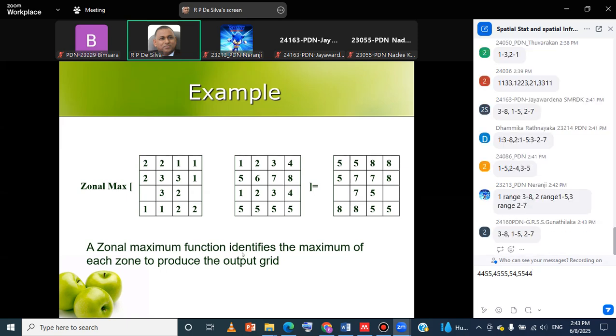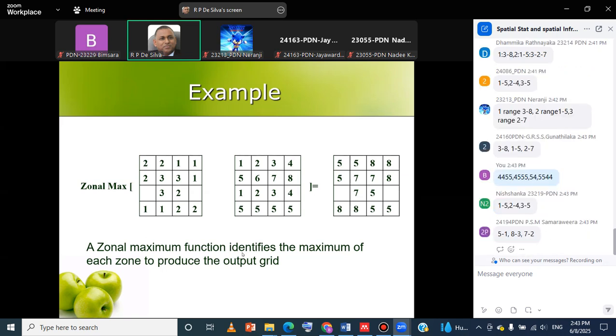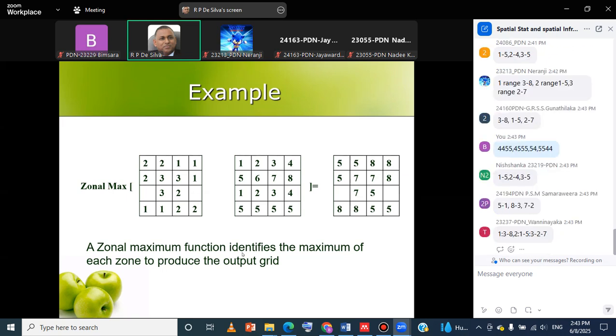That is a range. Otherwise, you cannot have a value. You have two values. So range is maximum minus minimum. So the way you look at it is right, but zone 1 range is 5, zone 2 range is 4, zone 3 range is 5.